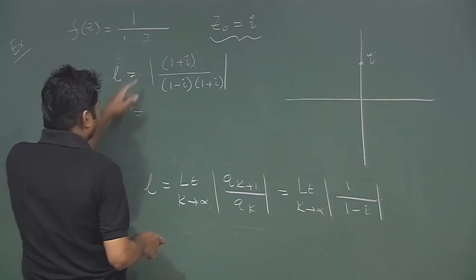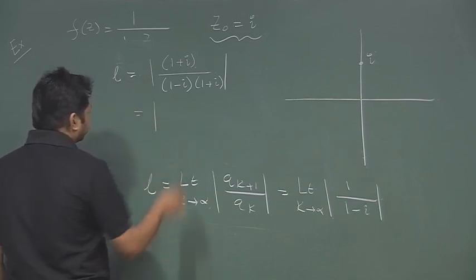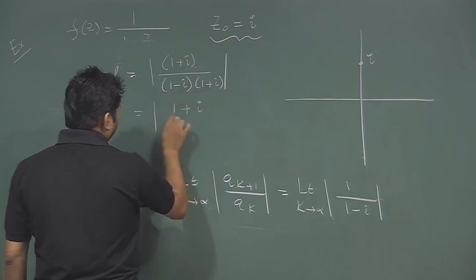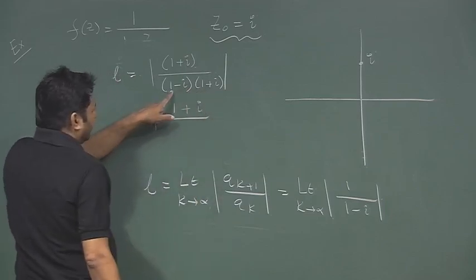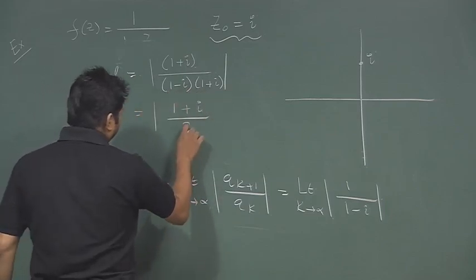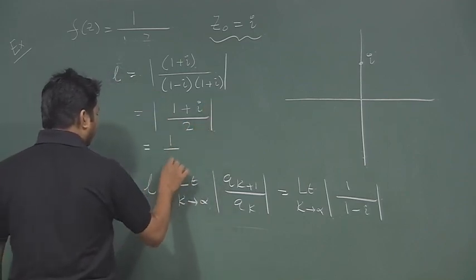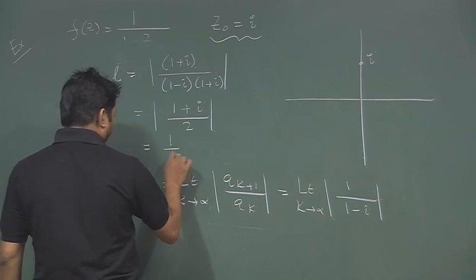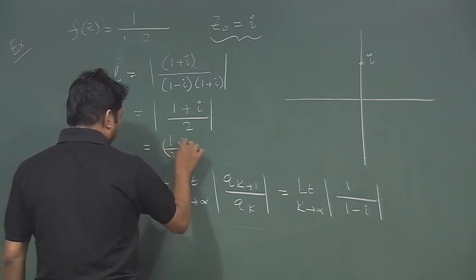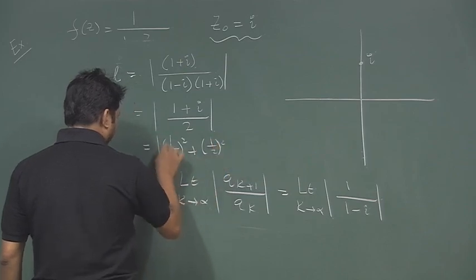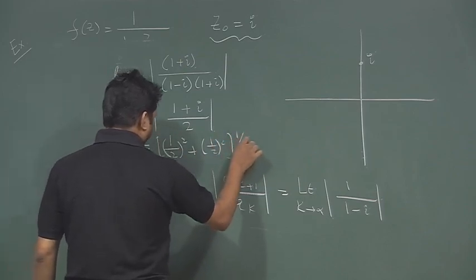So, this quantity is how much? 1 plus i, and this is divided by a square plus b square. So, it is 2. Mod of this quantity is (1 by 2 square plus 1 by 2 square) whole to the power half.